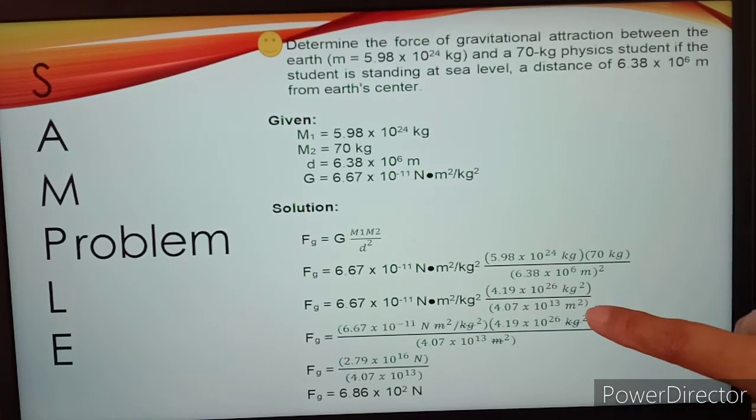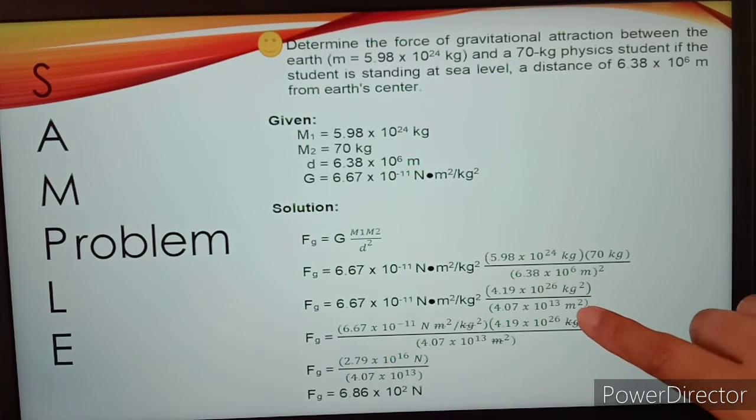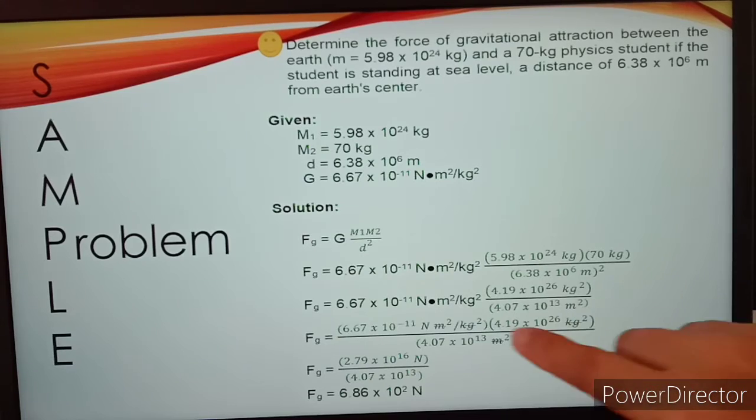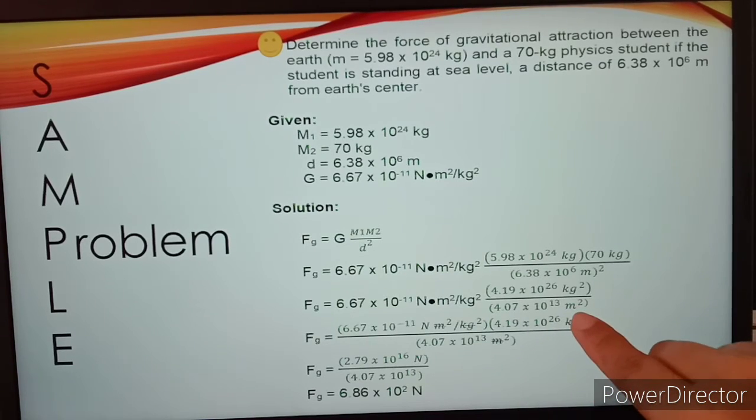Since we took the square of the value of the distance, the unit will also be squared.